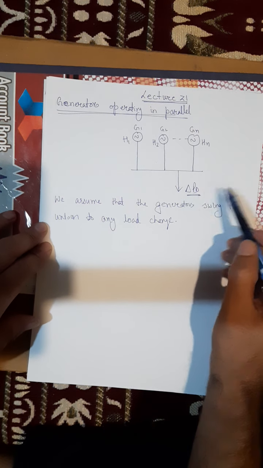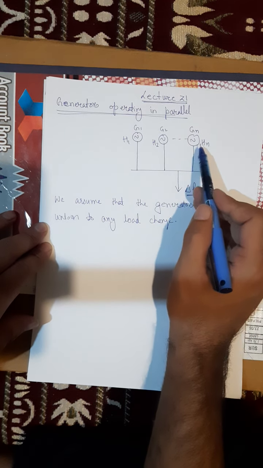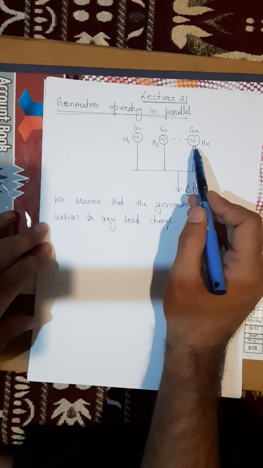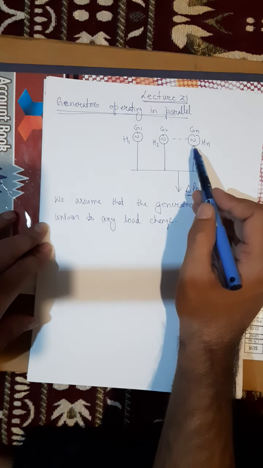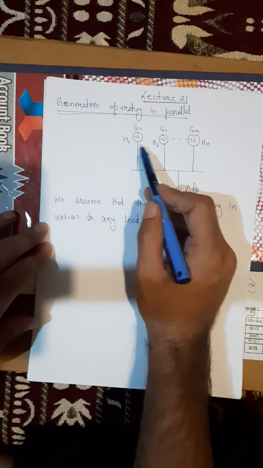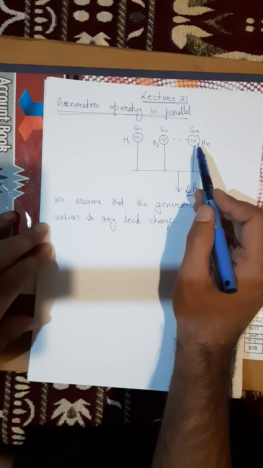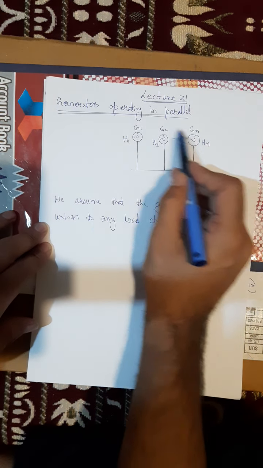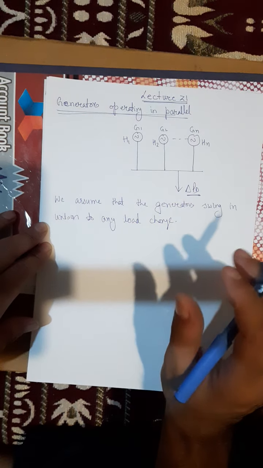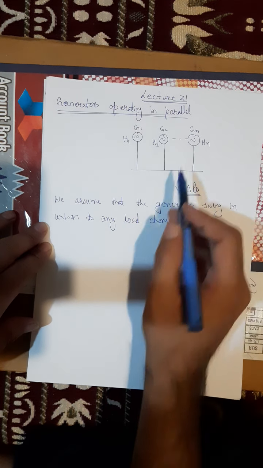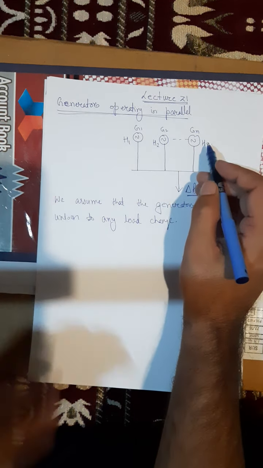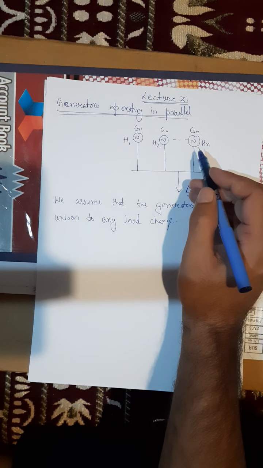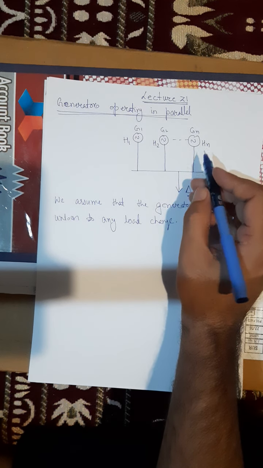We are assuming that all the generators can be represented by a single equivalent generator or single machine, which is called a coherent machine. If all the generators swing together for any change in load, then all of them can be represented by a single machine, called a single coherent machine.